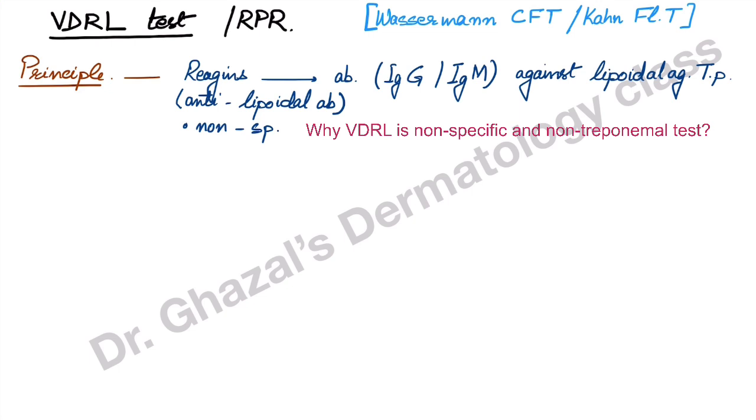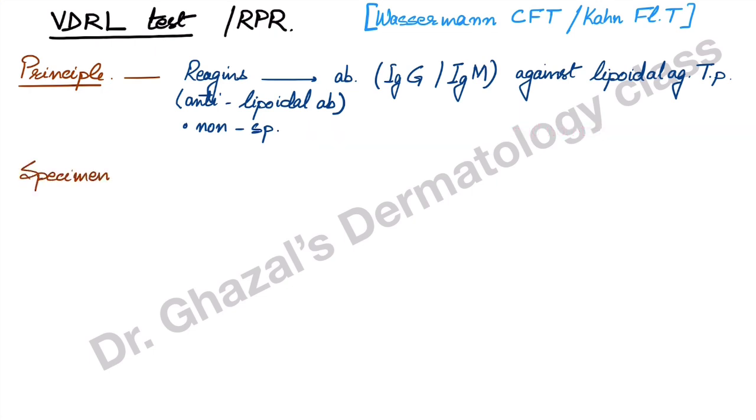Thus, they are non-specific and also known as non-treponemal tests because they are not targeted or specific for Treponema pallidum. Now, what is the specimen for VDRL? Serum or even plasma can be used, and CSF. This is one test where you can do the test on CSF, which is very important for neurosyphilis.